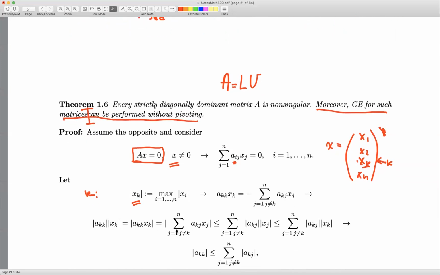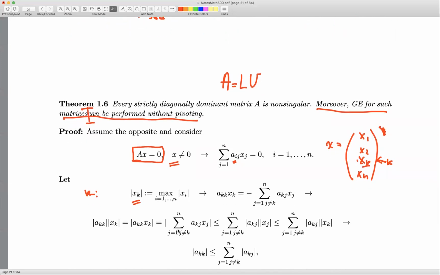There may be more than one such index k, but nevertheless we choose one of them, and such an index will exist because the vector is non-zero, so it has at least one non-zero component, and therefore such a k exists.